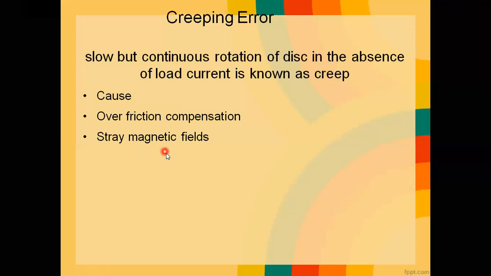And stray magnetic fields. We have external magnetic fields. If your energy meter is placed in an external magnetic field, then there is every possibility of rotation of the disk, though there is no load current flowing through it.